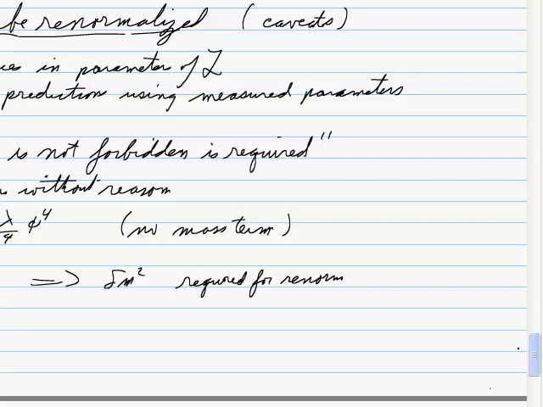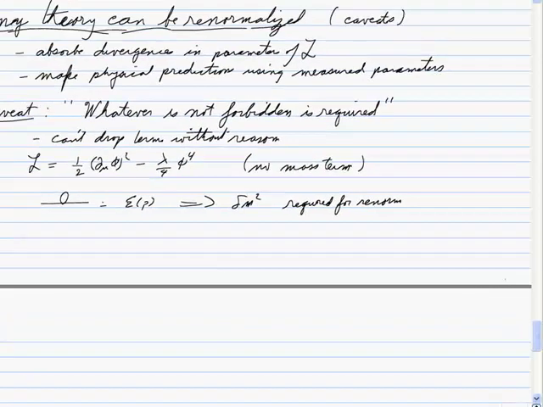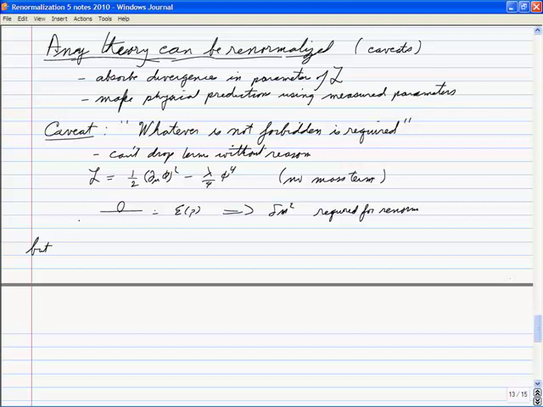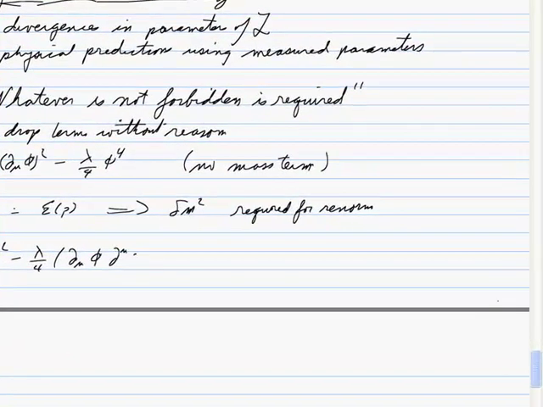But as a counterexample, if I did the following theory, with the same start, 1/2 (d mu phi) squared minus lambda over 4 (d mu phi) squared to the 4th, this is forbidden.